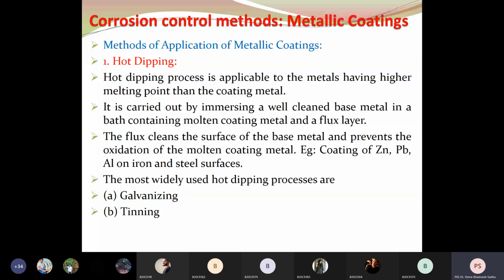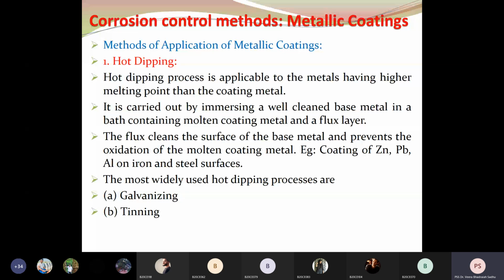Hot dipping is similar to that, but here you take, in a vessel or pot, highly heated liquid metal. You need a very high temperature. Then you dip your metal into this liquid metal.